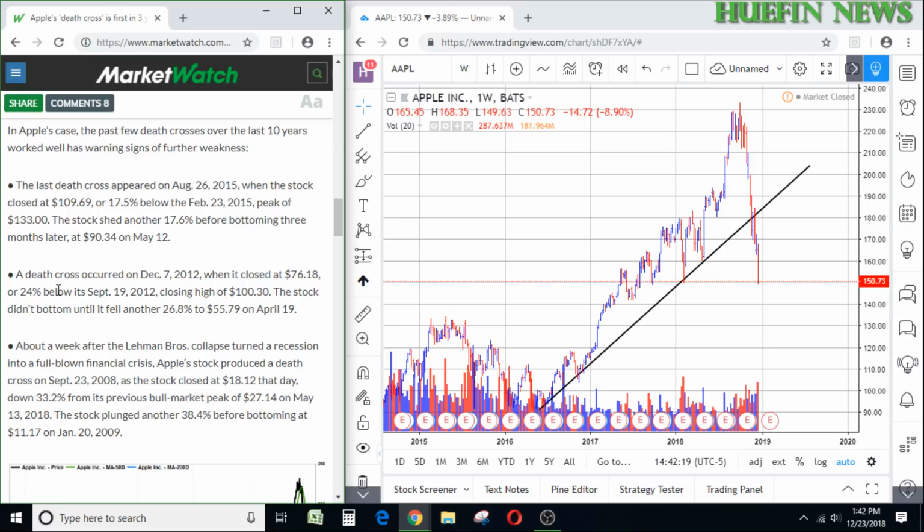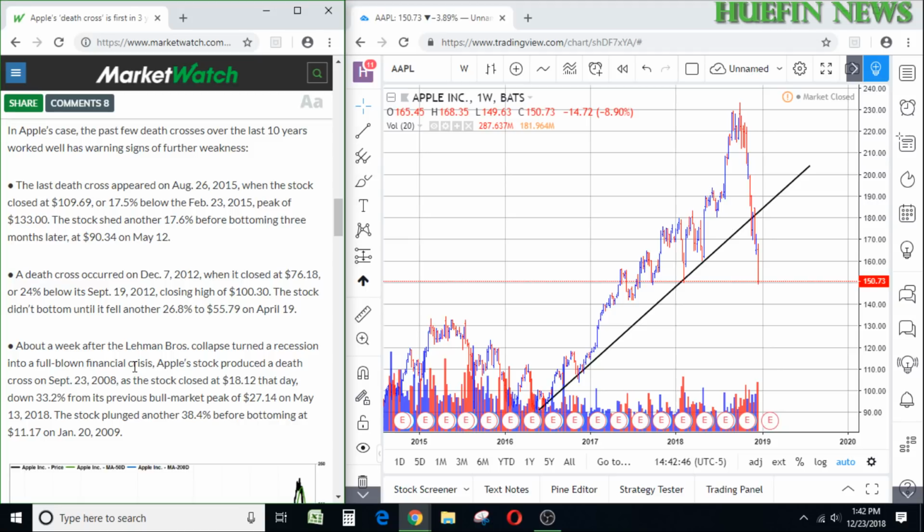Another death cross occurred on December 7, 2012. This is when Apple closed at $76.18, down 24% from the high of September 19, 2012. After the death cross occurred, Apple fell another 26.8%, finding support at $55.79 on April 19th.